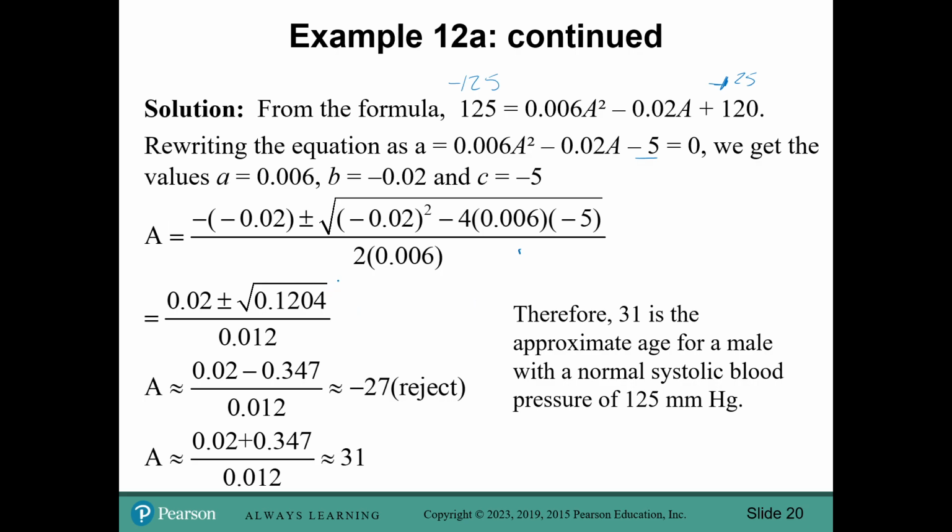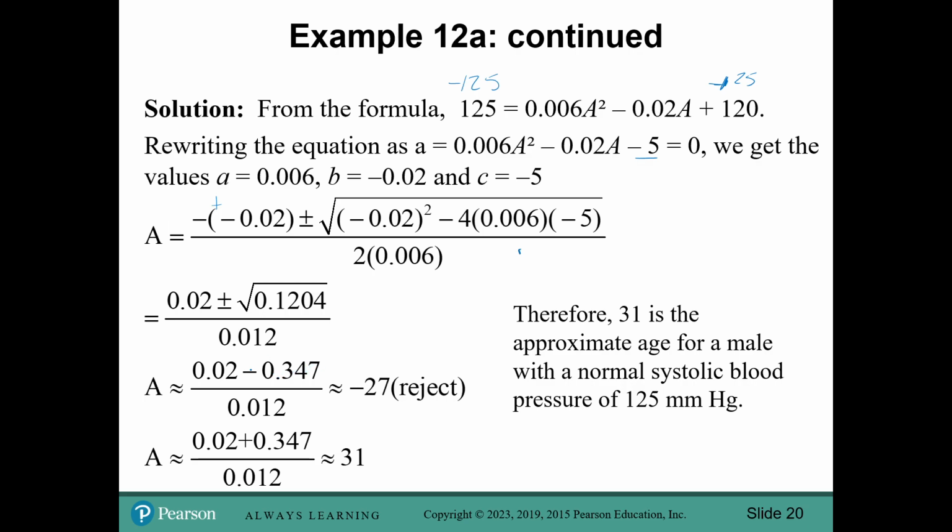Now, at this point, I would suggest using your calculator to simplify. The simplification of what is under the square root is 0.1204. The simplification of the bottom is 0.012, and obviously the minus and negative here cancel out and make a positive. That's why we have a positive 0.02 to start the equation. Now, if we take the square root of 0.1204, we get approximately 0.347, right?